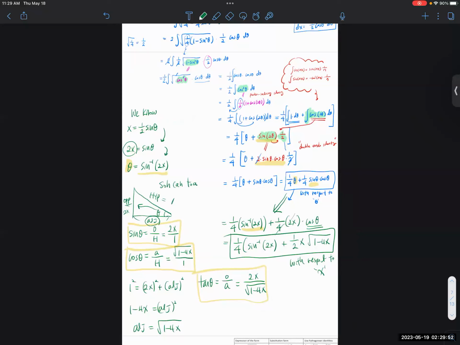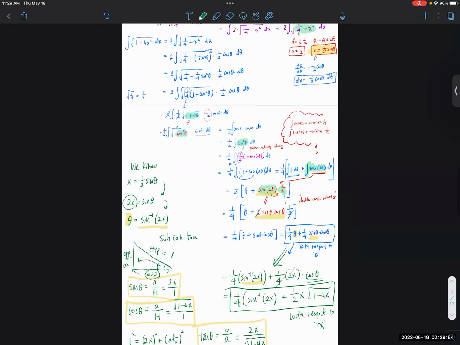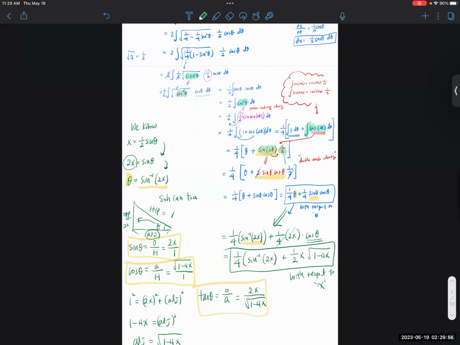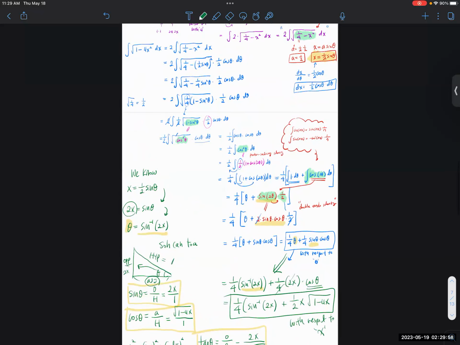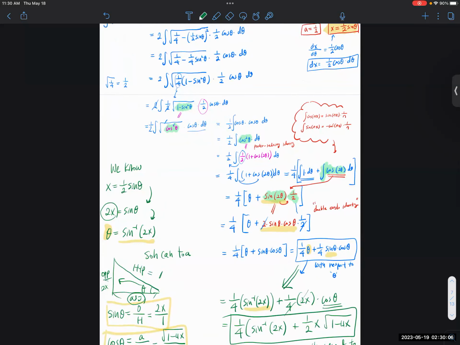So I know it's a little bit of long work, because you need to take the integral once you convert it to theta. So you're going to take the integral with respect to theta. As you see, there were a couple of identities you've been utilizing, power reducing identity and double angle identity. But at the end, I want to go back to the x variable.